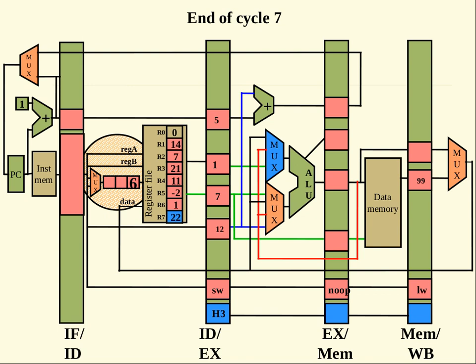And then the store word can go, because by the time the store word comes in, you can at least grab it from the load word and calculate the correct address.